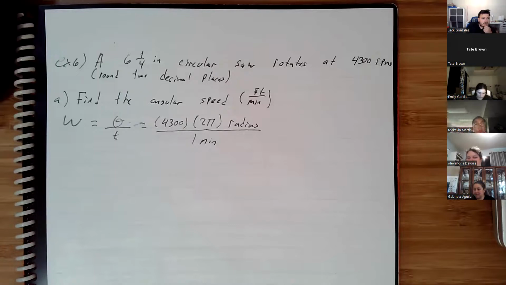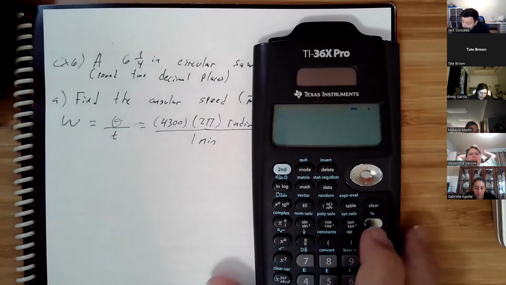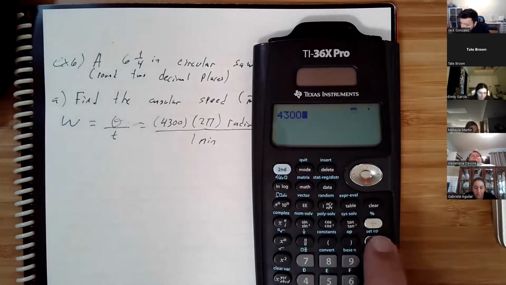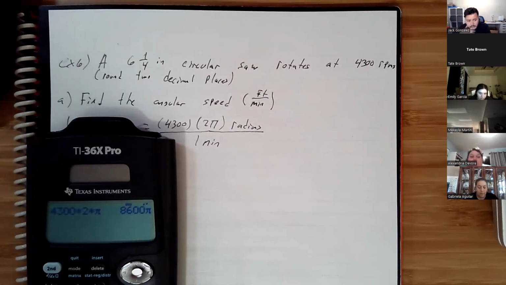The only issue was they said feet. No, I think that's fine. Sorry, I'm overthinking that. All right, let's multiply it out: 4,300 times 2 pi.